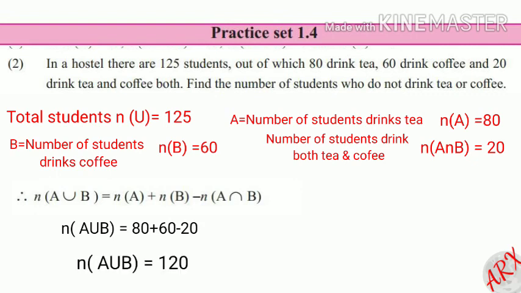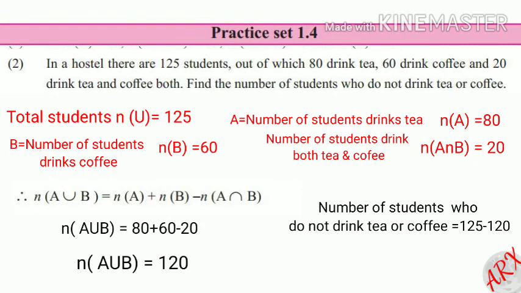Hence, 120 students drink coffee or tea. Hence, the number of students who do not drink tea and coffee will be 125 - 120 = 5.